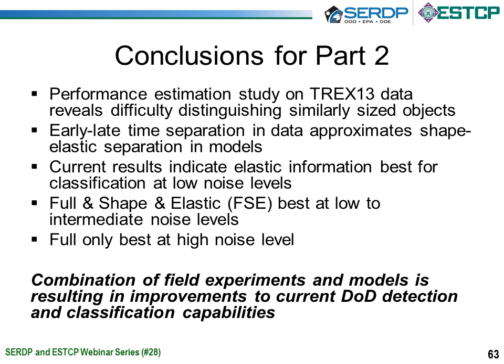By using the physics that we learned from the model, we were able to separate the shape and elastic information, and we can approximate that in the data by doing an early and late time separation. Finally, it was the combination of these two that allowed us to come up with improvements to the classification method.